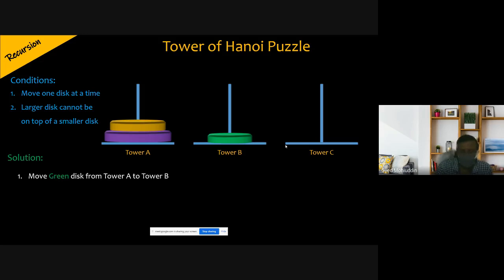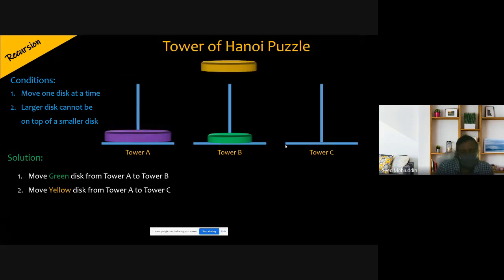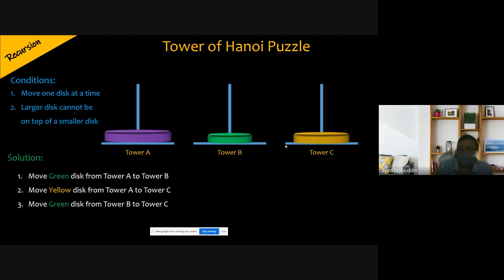That is, we have moved only one disk at a time, and a larger disk is not on top of a smaller disk. The second move would be to move the yellow disk from Tower A to Tower C. Now, no conditions are violated, everything is fine. Then we will move the green disk from Tower B to Tower C.